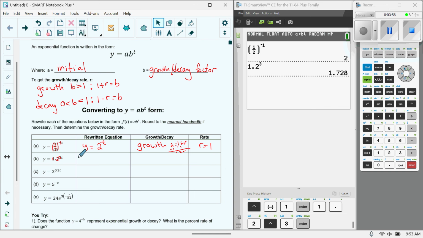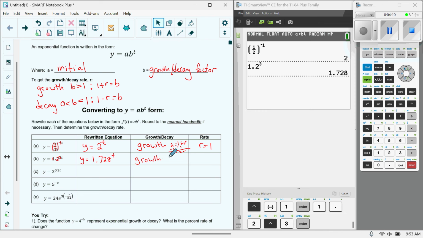And I'm going to rewrite the equation as y equals 1.728. And now, because I got rid of the 3 with the calculator, I have just t as my exponent. I can tell that that is exponential growth.